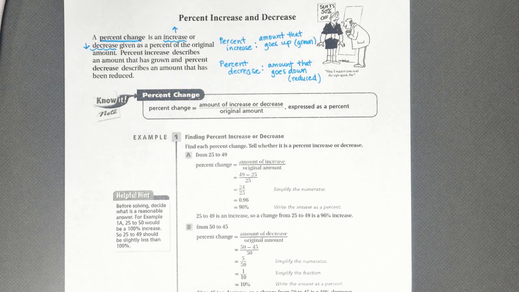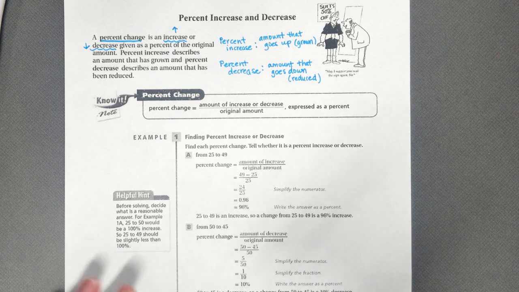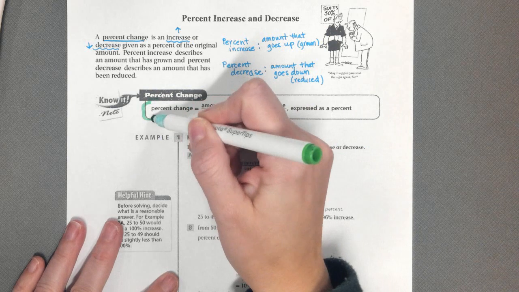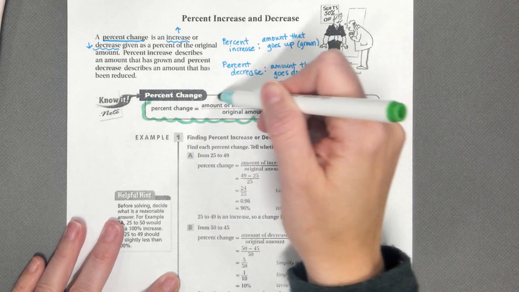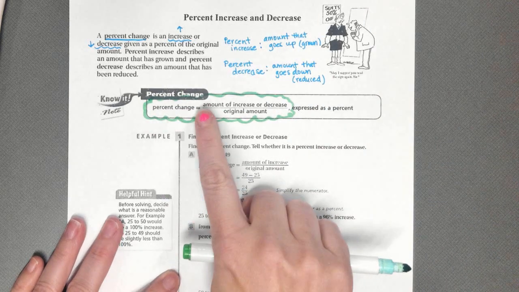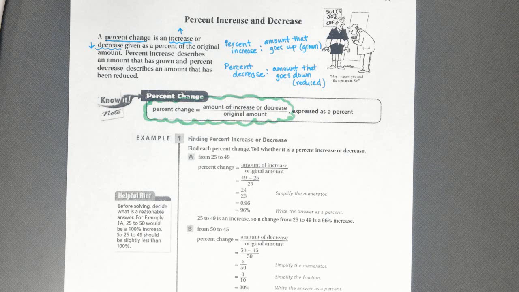Okay, and then we do have a special formula for this. So remember last week I said if there's a formula, I like to put a little cloud around it. So the percent change equals the amount that's increased or decreased over the original.